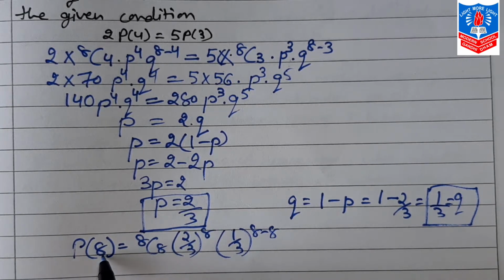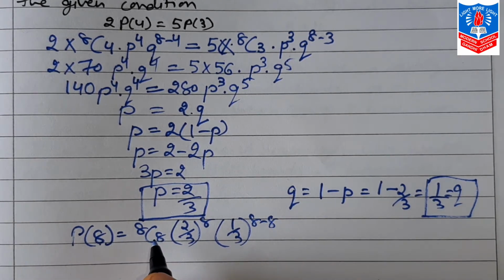Why is this P(8)? Because in the question it is asked to find the probability of getting success in all the trials for this distribution. The number of trials is 8 and all trials are successes. So that is why we take n as 8 and x also as 8.